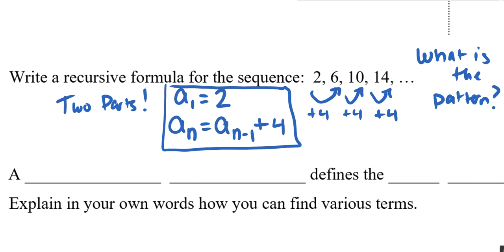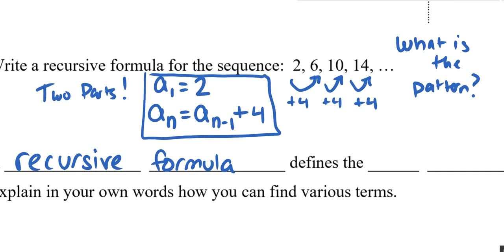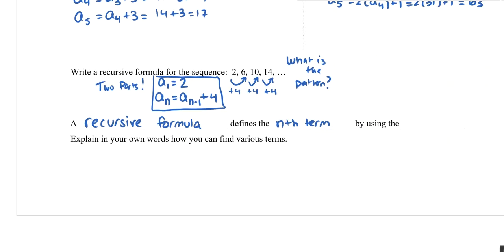So a recursive formula defines the nth term by using the previous term. And if we're to evaluate any term, whether it's the 10th term or the 20th term, we always have to know the previous term.